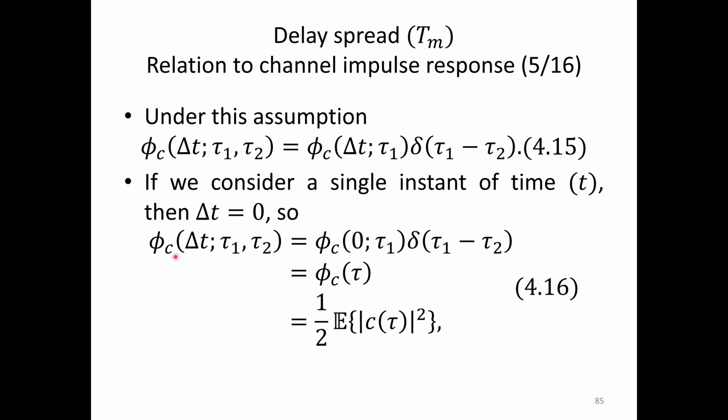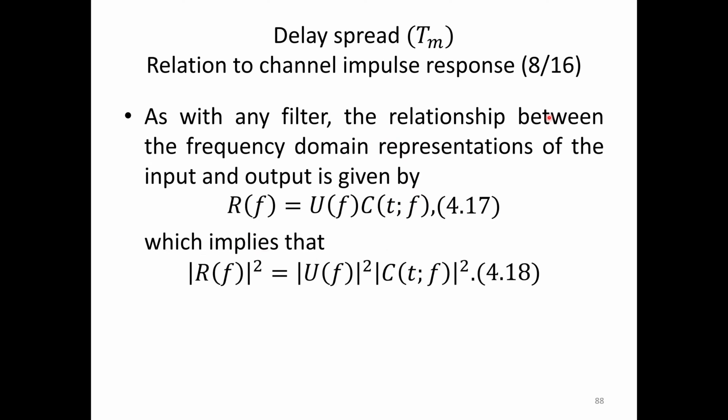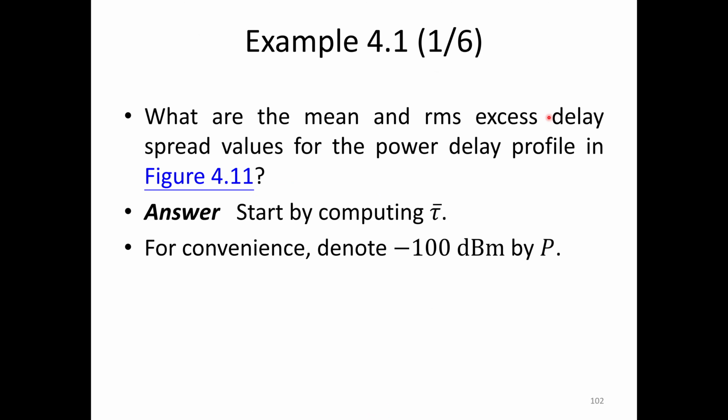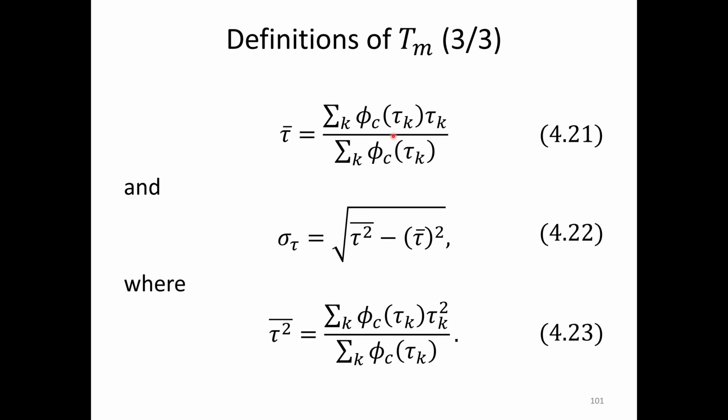This is the function phi c. Let us go back to this slide. You can see that tau k is the delay of the k-th path, so it is the discrete case. Tau bar is a kind of weighted average of tau k, and the weightings are phi c of tau k.